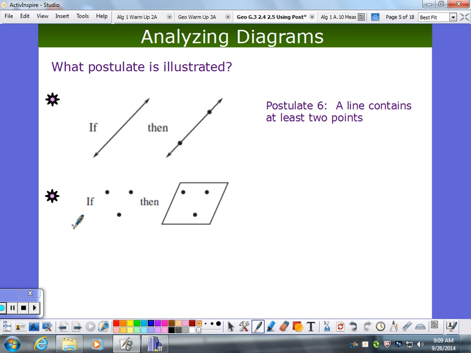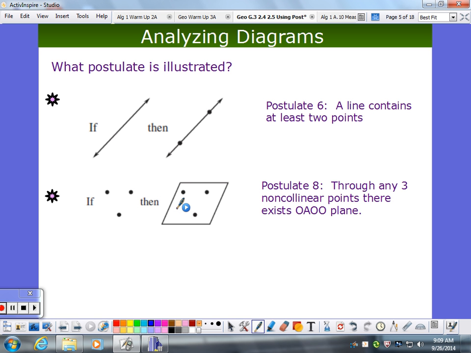Which one do you think that one is? What do you think? Yeah, that was postulate 8, right? Three non-collinear points. There's this one, right, great. And so it is kind of stating obvious things.